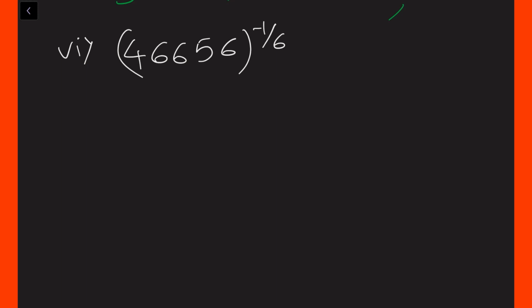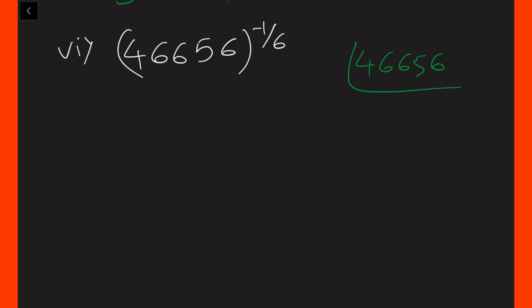Here again the base is 46656. Do the prime factorization for 46656. If you know the numbers without doing the prime factorization, you can write it directly, no problem.